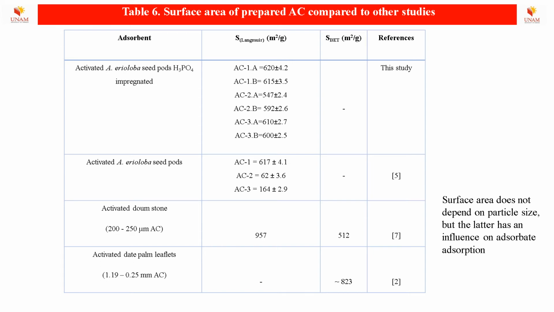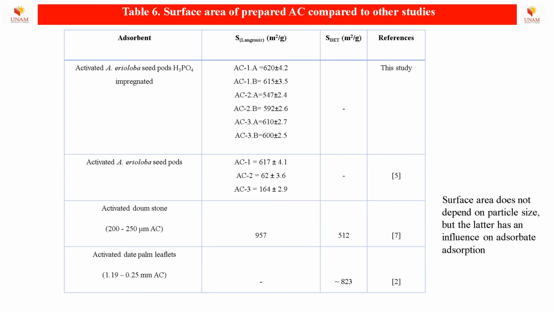Then activated carbon prepared from acacia seed pods with sulfuric acid, reference 5. They got AC1 617, AC2 decreased to 62 only, AC3 164. So activated carbon from dumbstone, that is 200 to 250 microns, is 957, very good, it gave in BET 512, reference 7.